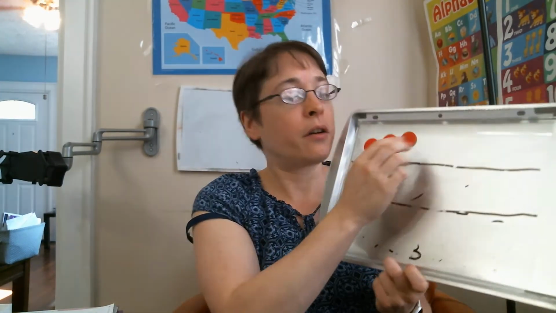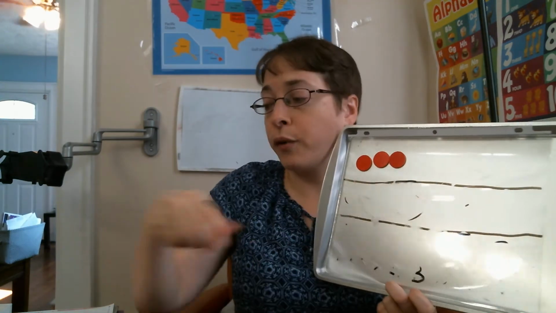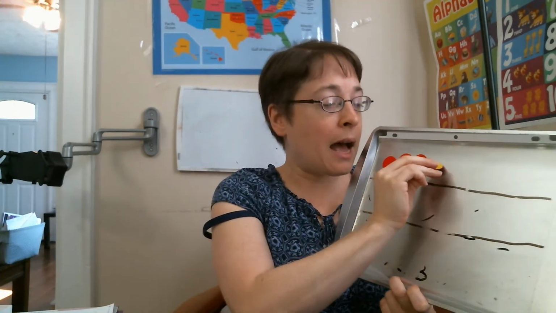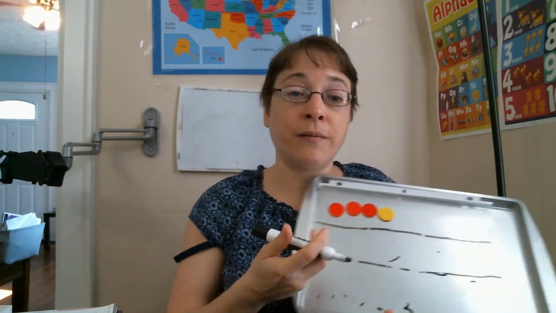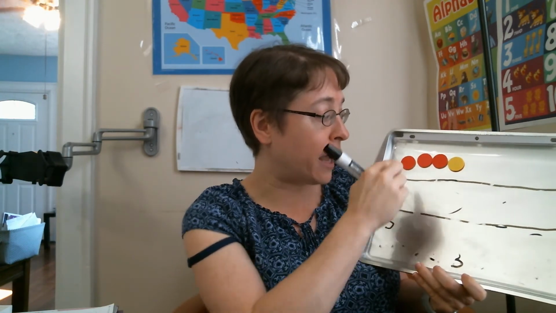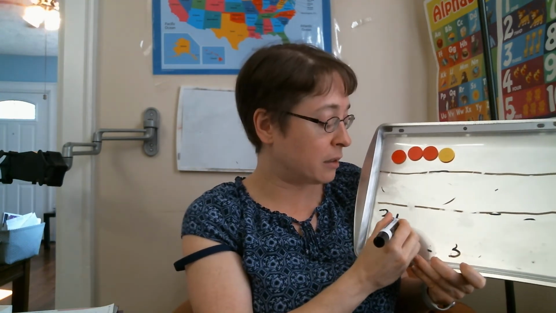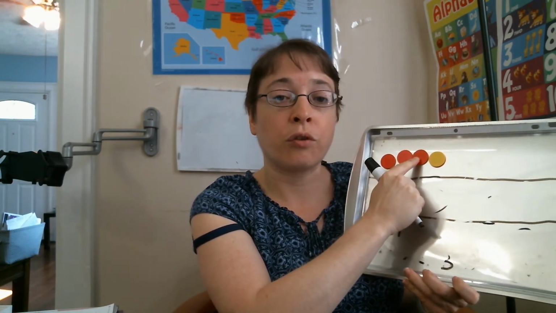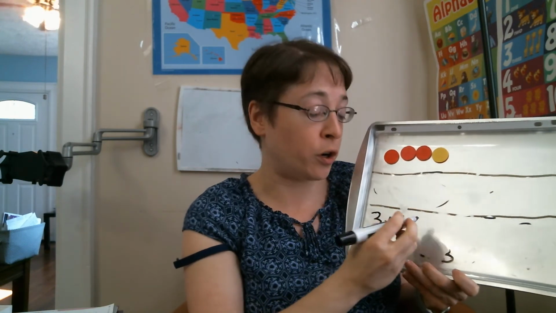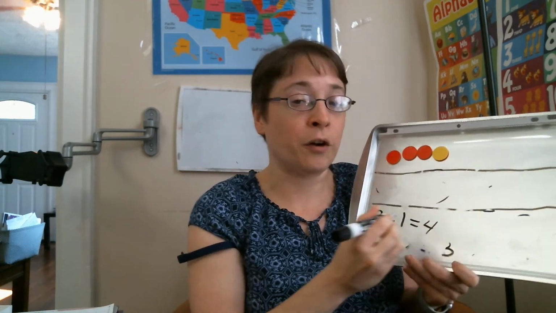So we have how many? 3. Add 1. How many are there? So we have 3 red plus 1 yellow. 1, 2, 3, 4. Very good.